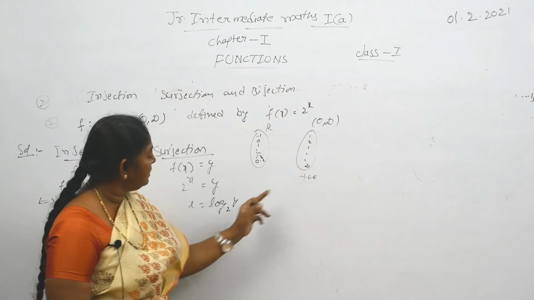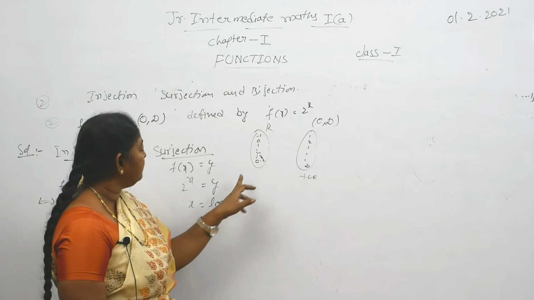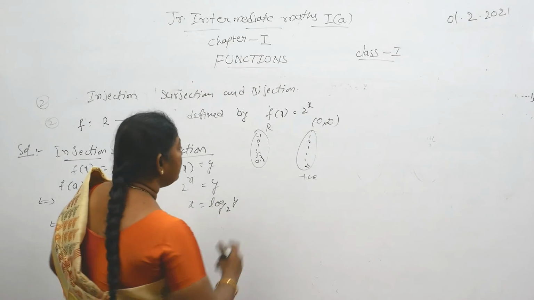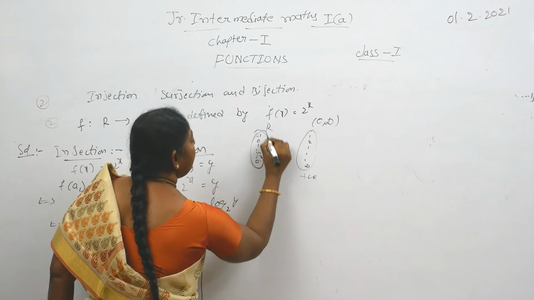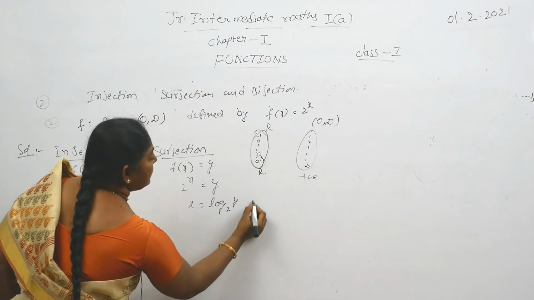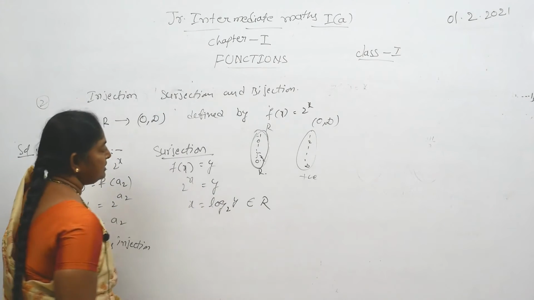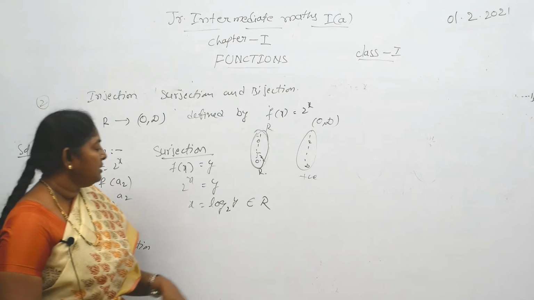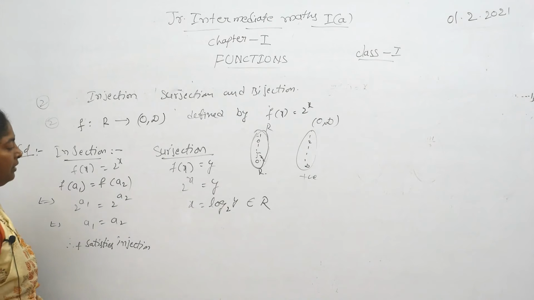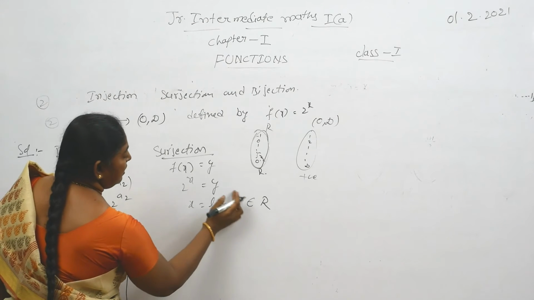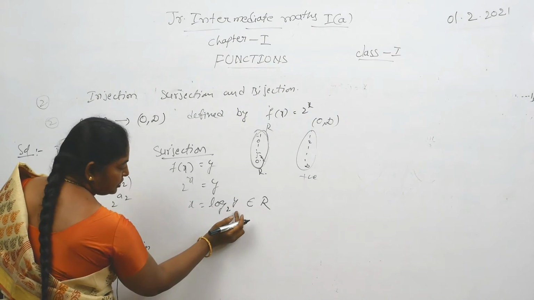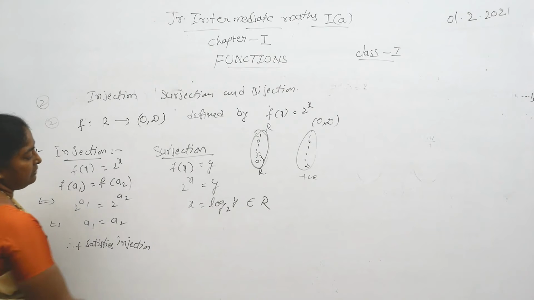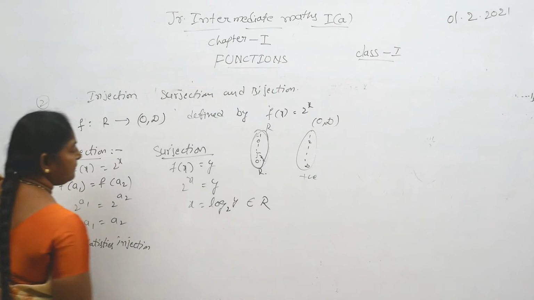In logarithms, for all positive numbers, the logarithm will be a real number. So it satisfies the surjection condition. All logarithms of positive values are real numbers.